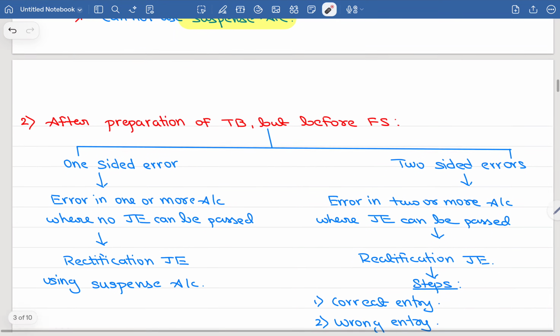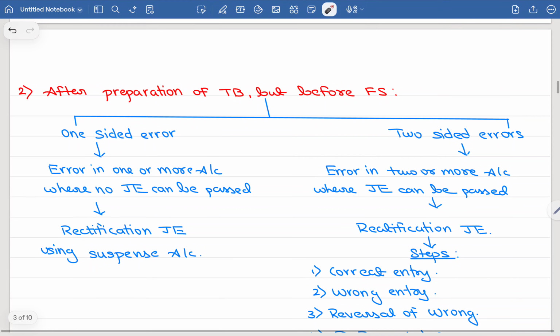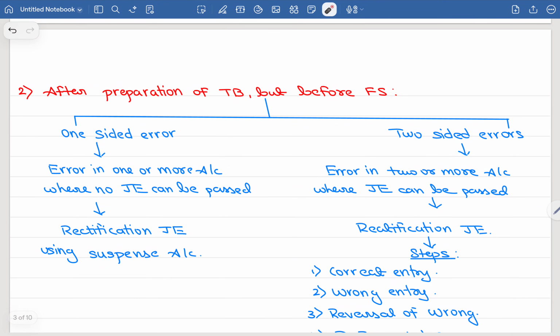Second stage of rectification of errors is after preparation of trial balance but before preparation of the financial statements. So we have already prepared the trial balance. Trial balance debit is not equal to credit. In that case, to agree your trial balance, to tally your trial balance, we will open one account called suspense account. Right?